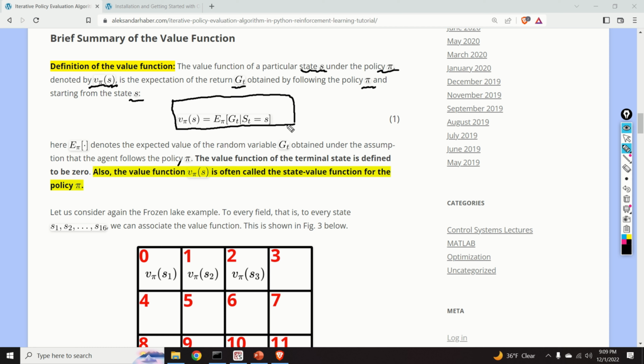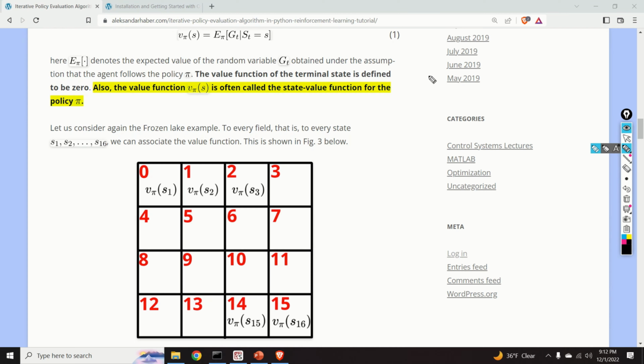Gt is the return. You can think of the return as the sum of the rewards starting from Rt+1 plus Rt+2 and until the end of the episode or until the end of the game, where Rt+1 is the reward obtained at the state St+1, Rt+2 is the reward obtained at the state St+2, etc. Here, it should be kept in mind that the value function of the terminal state is defined to be 0.